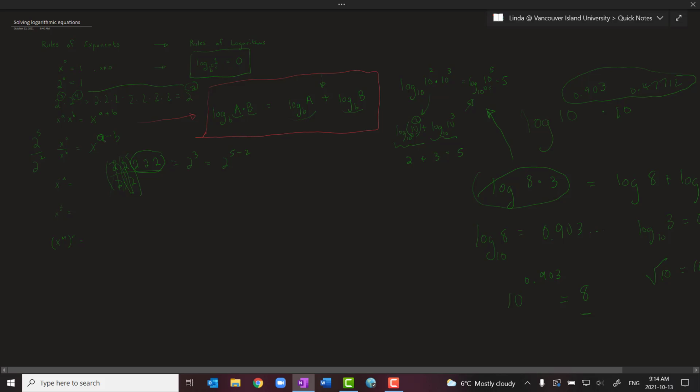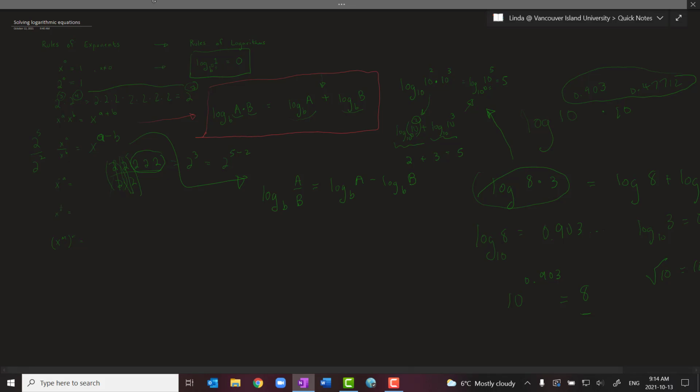And this leads to the next rule of logs, which is that when you're dividing, you subtract the exponents. And since the logs are exponents, you subtract the logs. Okay, that's the next one.